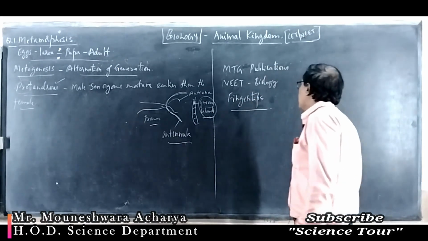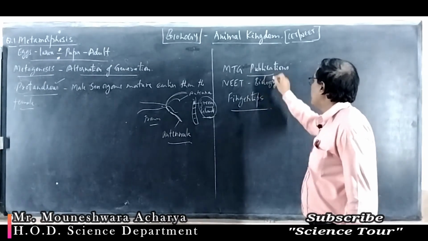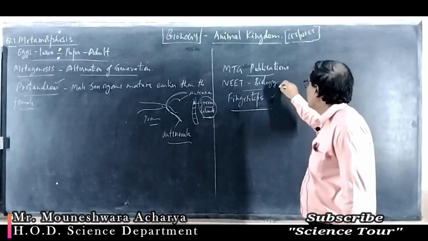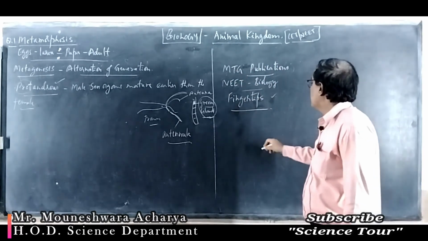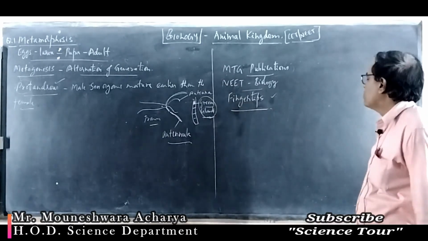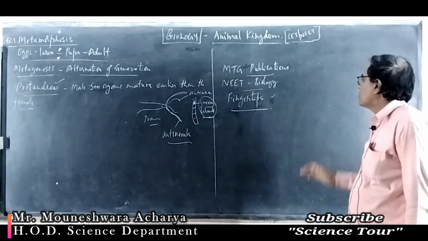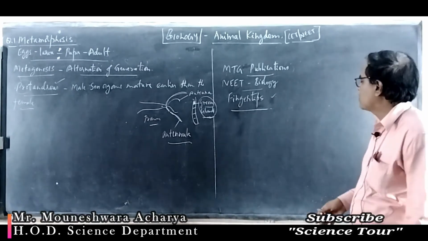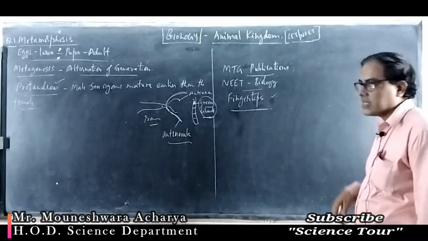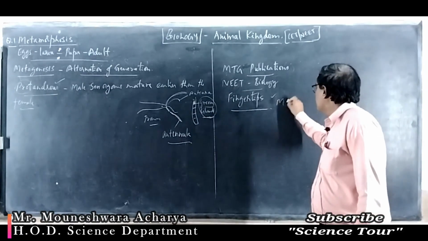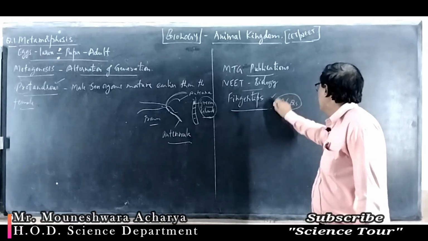NEET Biology Fingertips from MTG publications, it is the name of the book. The publication is MTG. It is available with me also, it is available in the library also. You can take, read and return to the library. Okay, and you can share among your friends, your colleagues, your classmates. So it contains MCQ questions and is extremely helpful.